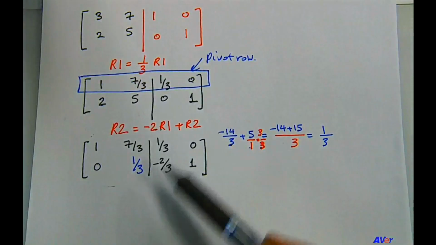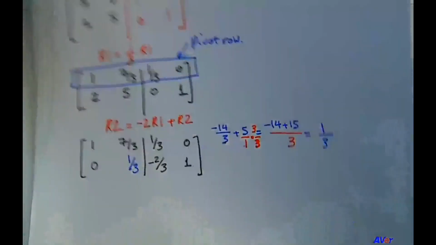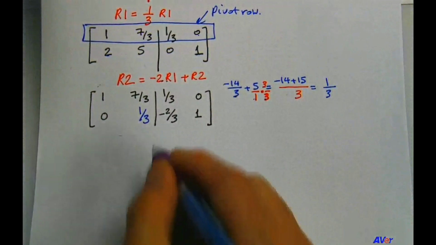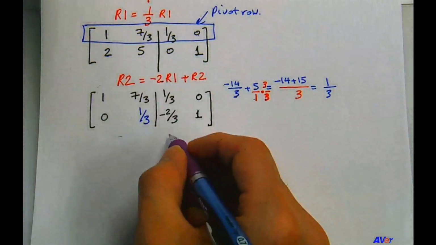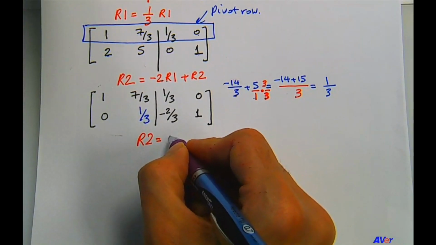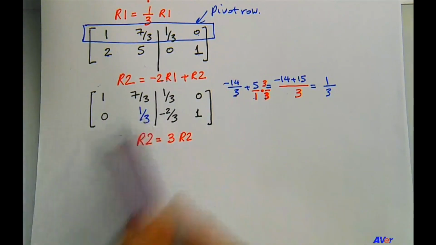Okay, so to get this 1, what row operation would we have to use? Well, if you said multiply the second row by 3, you're absolutely correct. So row 2 is equal to 3 times row 2. That's going to give us 1 in that corner.